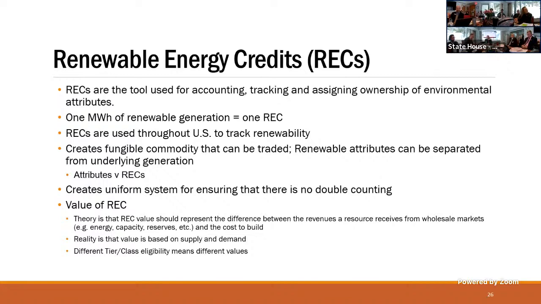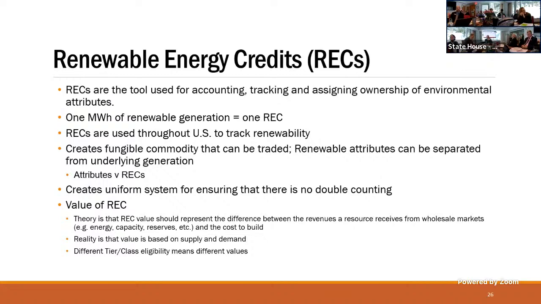But I guess I just ask you, in my mind, we might not need RECs, or an RPS or a RES, if we had, like in DC, a structure in which there were no incentives for any type of energy. We've had incentives for all types of energy for like hundreds of years.